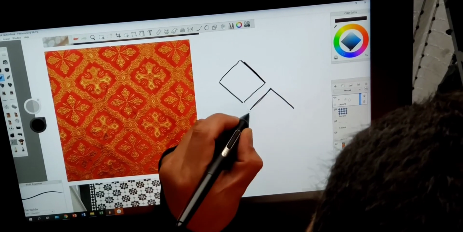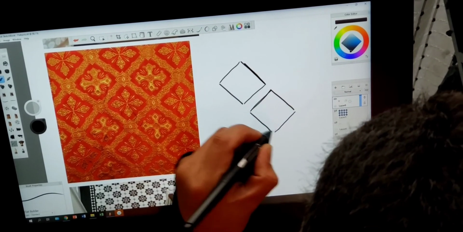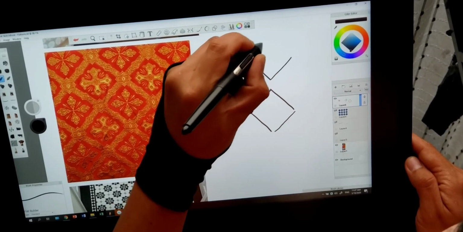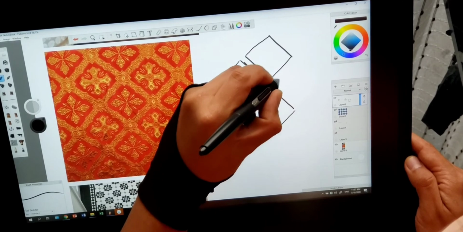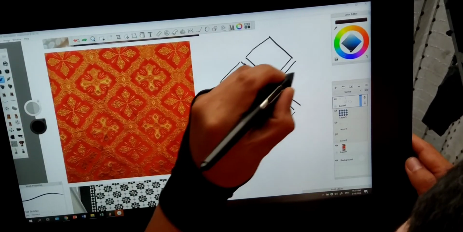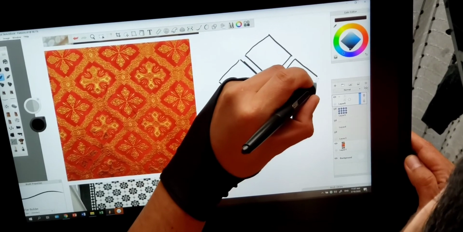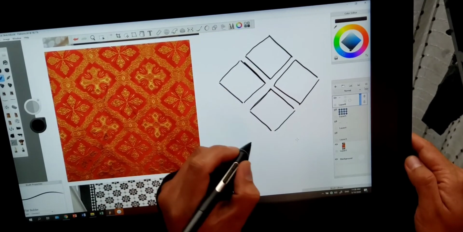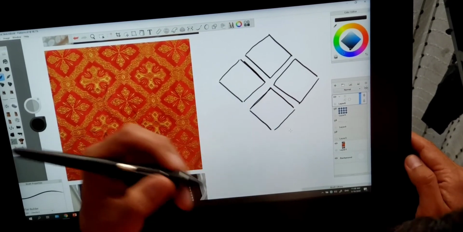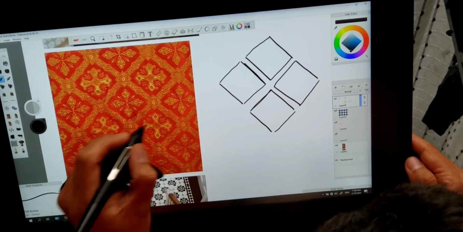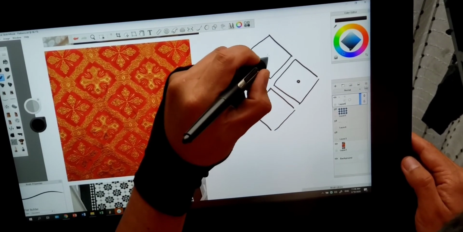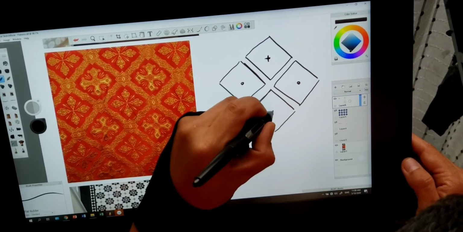So there's one space over here, another space over here, another space over here, and I can continue as many times as I need to. Then inside every one of these rhombuses you're going to see another symbol. You see the same symbol repeated here and here, and the same symbol repeated here and here.